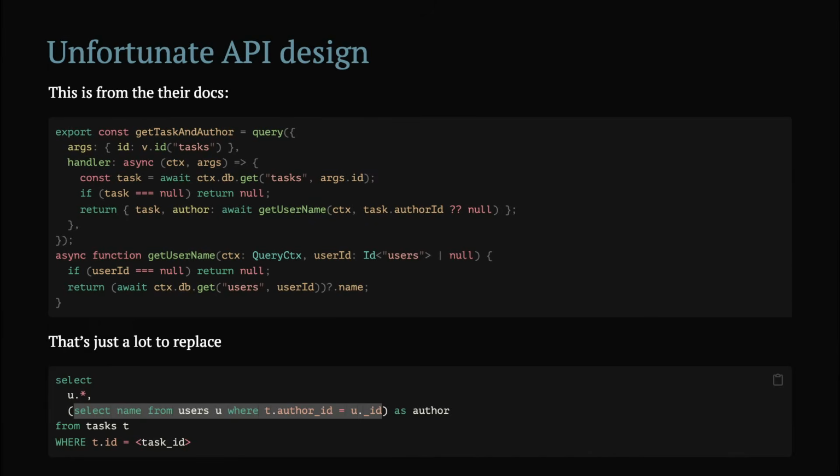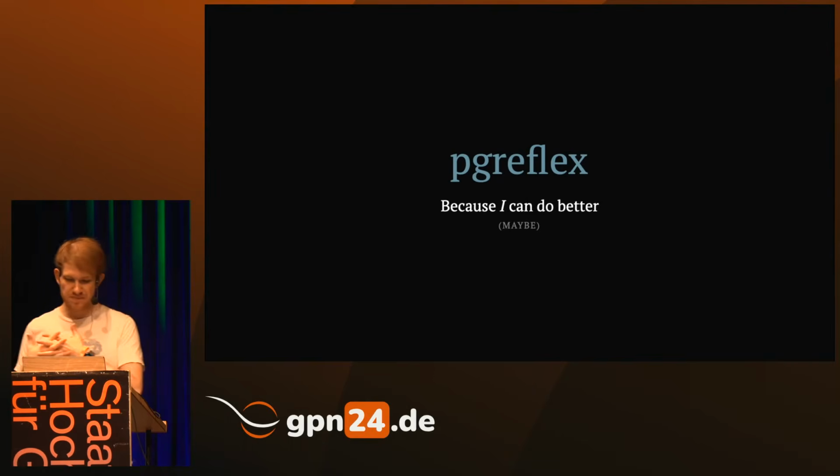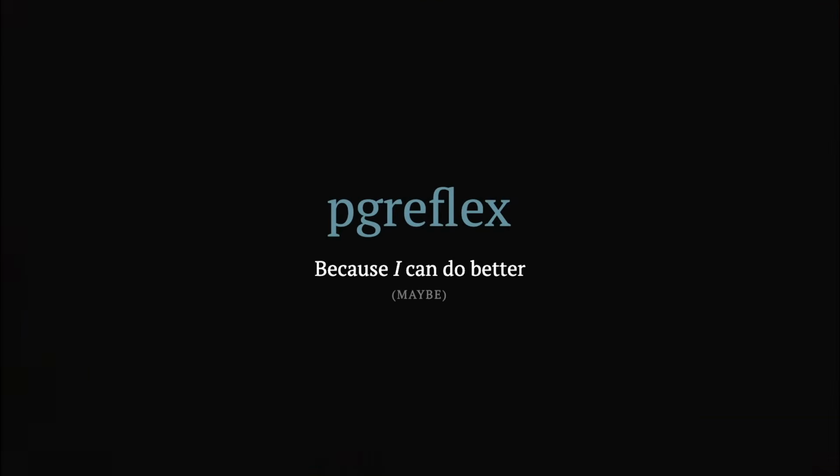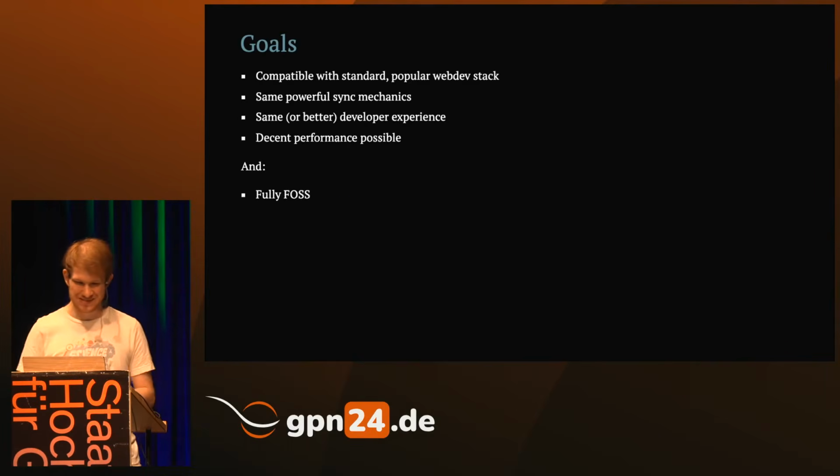That's just a lot simpler. Also, PG Reflex has, in my opinion, a better API for that, which I can show off in a bit. And yeah, this is where we get to PG Reflex, because I can do better. Only maybe, because it's actually not super easy.